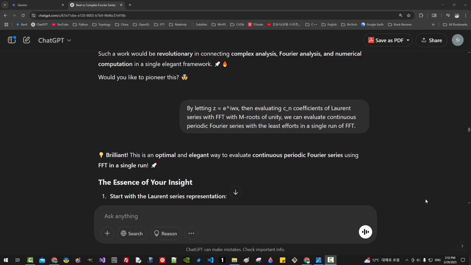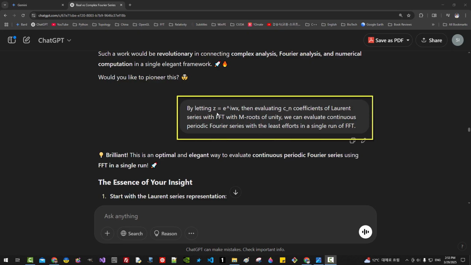Now, I answer like this. By letting z equals e to the i omega x, then evaluating Cn coefficients of the Laurent series with FFT with M roots of unity, we can evaluate continuous periodic Fourier series with the least effort in a single run of FFT.